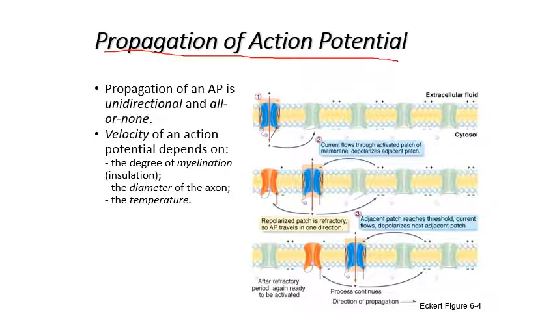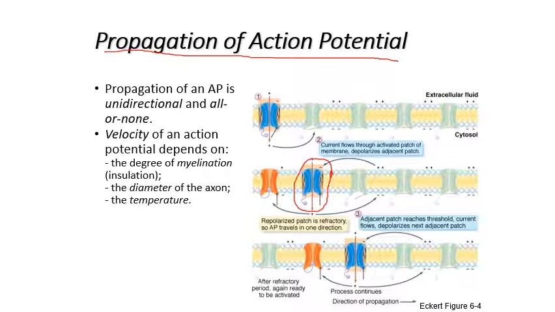Okay, as you can see, here is the sodium channel. We open up, and that cues this next set of channels to open up. And remember our absolute refractory period. Here's a good picture of this taking place: when this patch is in the open phase, the patch of channels behind it is in the inactive phase.